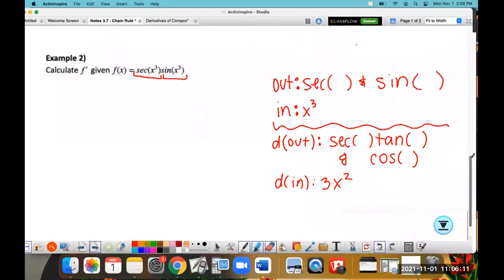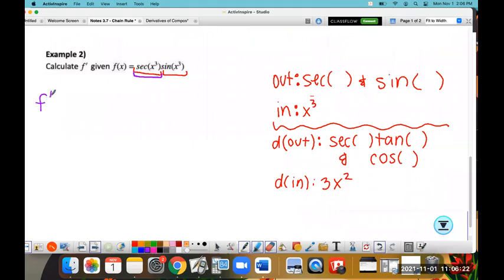All right, so let's go ahead and check your work. Okay, so we have a product here. I want to work on taking the derivative of secant x cubed first. So secant would be the outside, correct? What's the derivative of the outside of just secant?